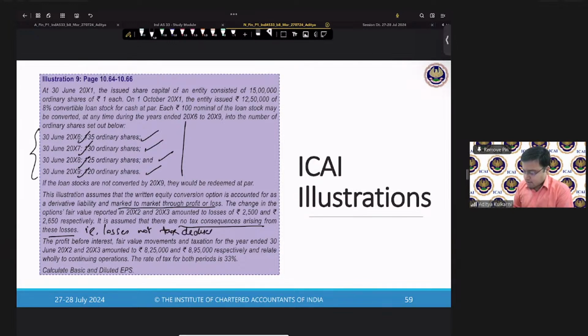The profit before interest, fair value movements, and taxation for the years ended X2 and X3 amounted to 8,25,000 and 8,95,000 respectively, and relate entirely to continuing operations. The rate of tax for both the periods is 33%. Calculate basic and diluted EPS.